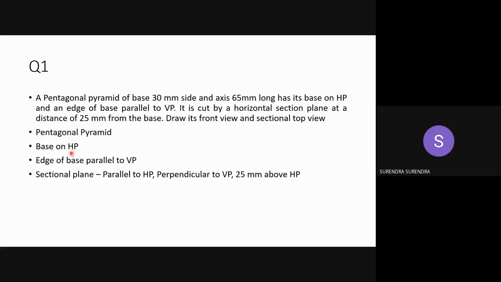So when the base is on HP or parallel to HP, in which view can you see the true shape of the base, front view or top view? Answer, please. When the base is on the horizontal plane, in which view can you see the true shape of the base?